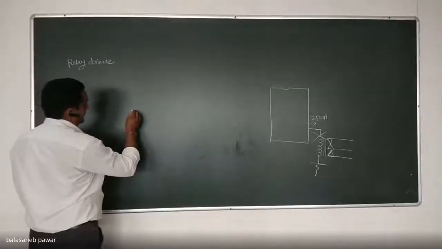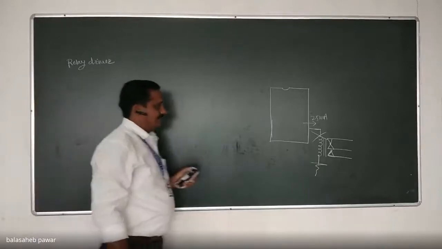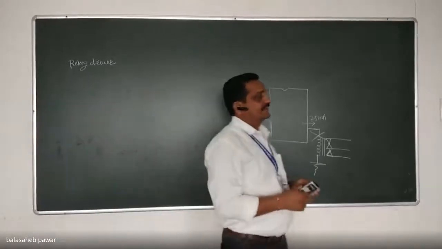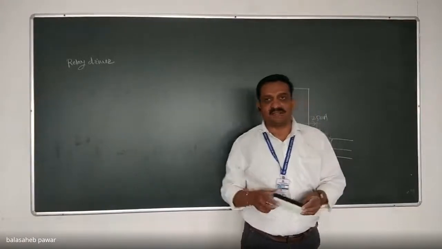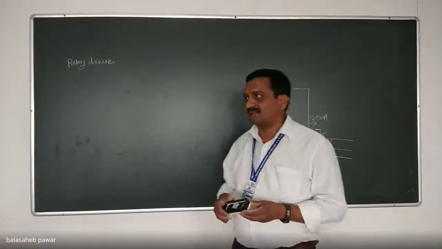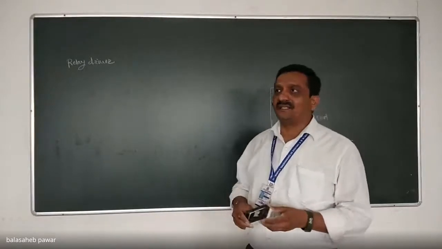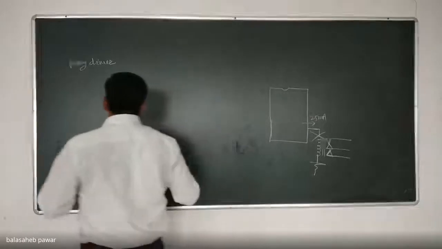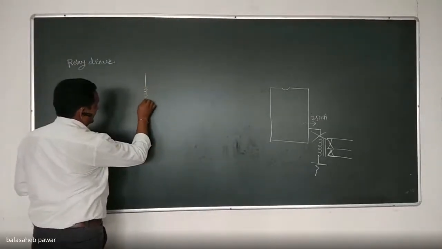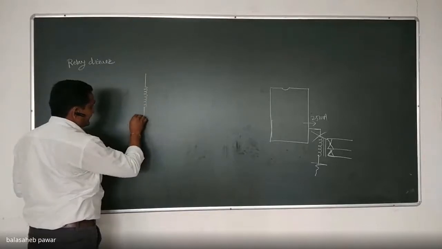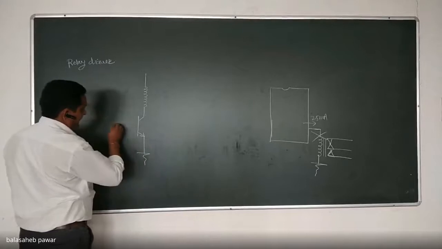You just connect one transistor in series with that relay coil, and whenever that transistor gets turned on, there will be a current through the relay coil and the relay will get operated. Is it? Now the question is, which transistor is to be selected? Initially I will prefer our conventional transistor, that is BJT, and then we'll think of another option.